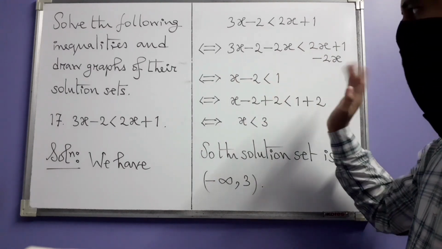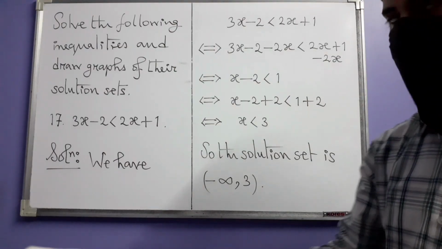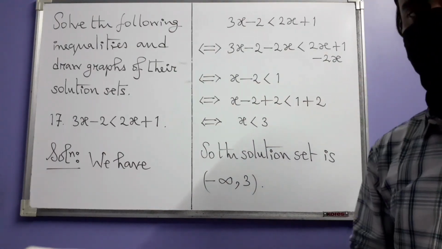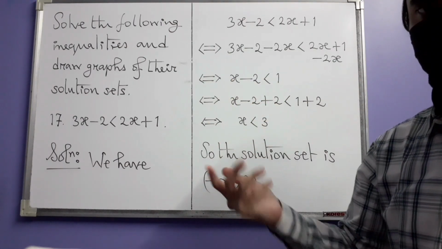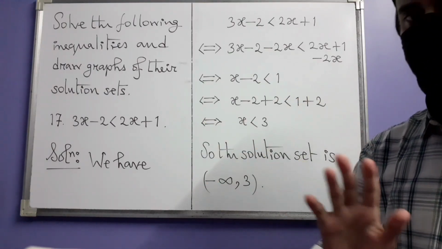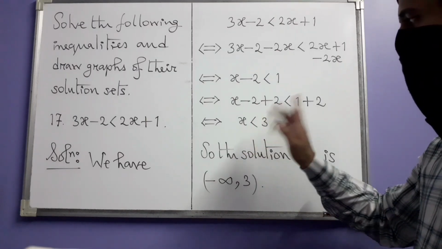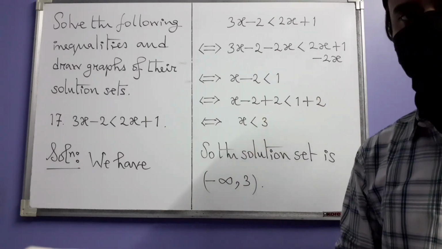So now we have x minus 2 less than 1, and then to really isolate x, we add 2 to both sides. That also we can do, same law. You can add any real number on both sides of an inequality. So by doing that, this is what we get, x is less than 3.